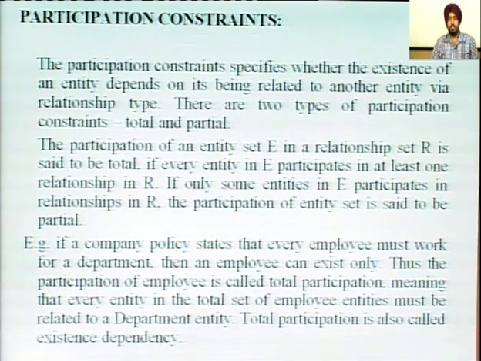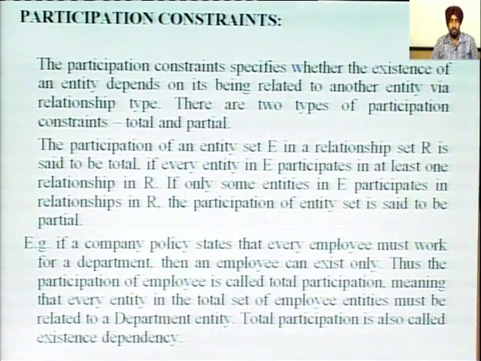The participation of an entity set E in the relationship set R is said to be total if every entity in E participates in at least one relationship in R. If only some entities in E participate in the relationship in R, the participation of the entity set is said to be partial.